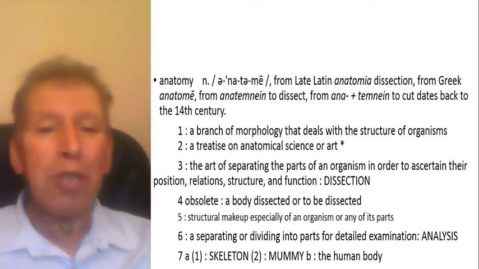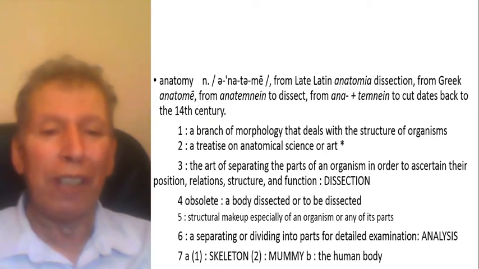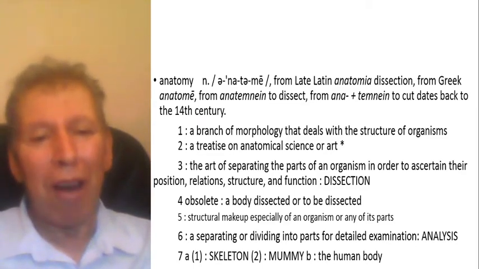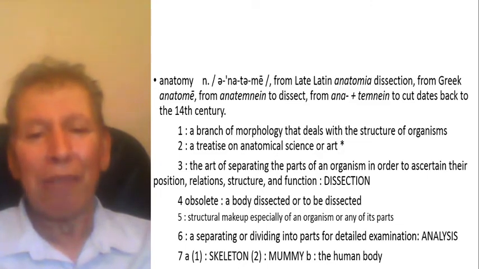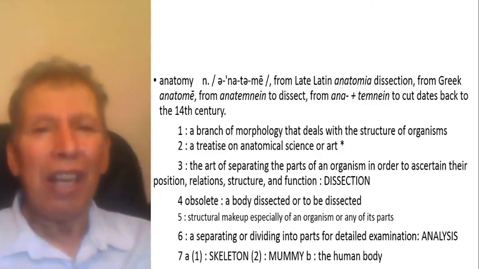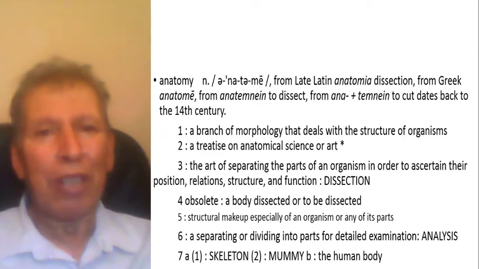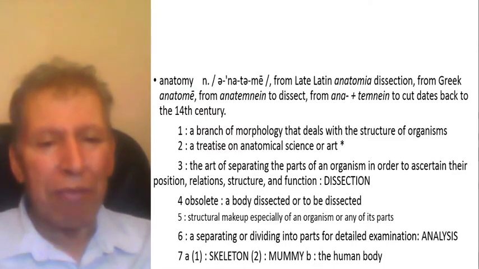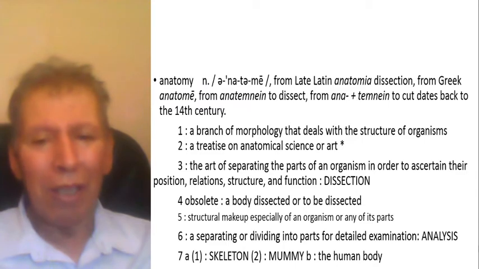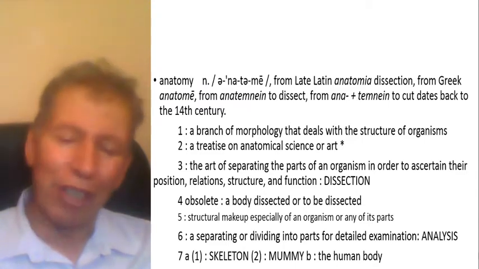To analyze means to cut, to separate the parts of a unit into various parts to be able to understand their functioning and their utility, their operation. How do they work? And finally, number seven, anatomy can refer directly to the skeleton or to a mummy or to the human body in general.